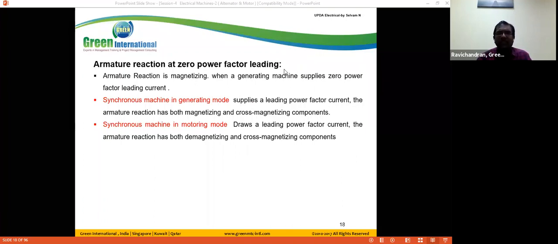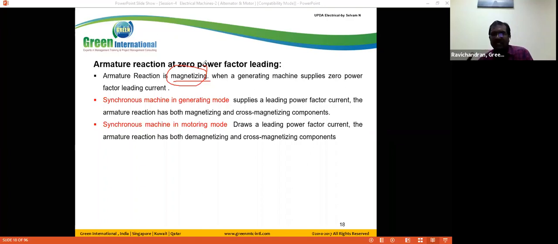for the leading power factor, it is a magnetic effect, which increases the magnetic field. So just remember this word. In the leading power factor, the voltage regulation is always a positive value.